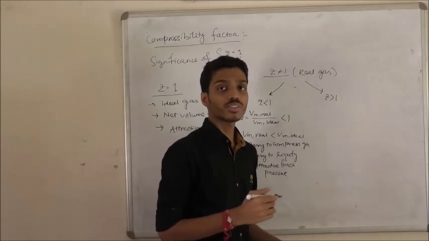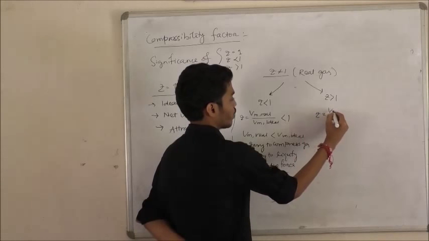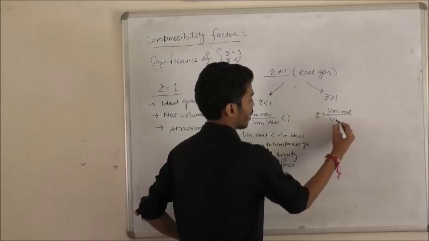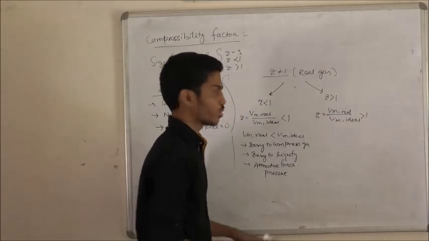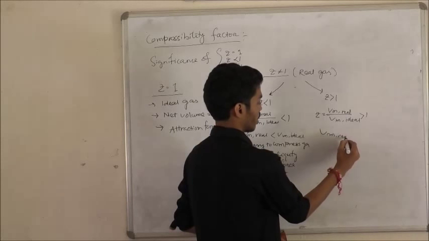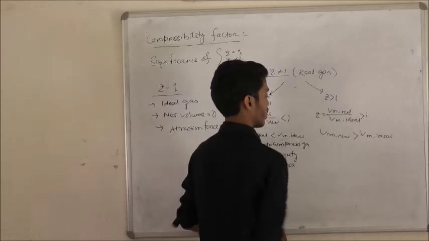What will happen in case of Z greater than 1? Again, Z equals Vm real divided by Vm ideal, and this is greater than 1. So Vm real is greater than Vm ideal.